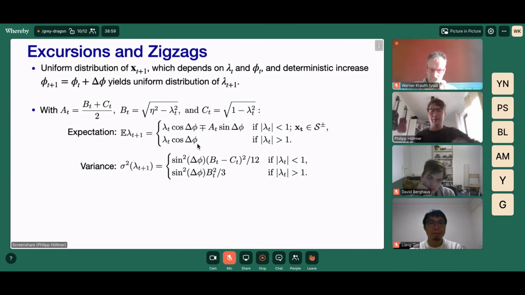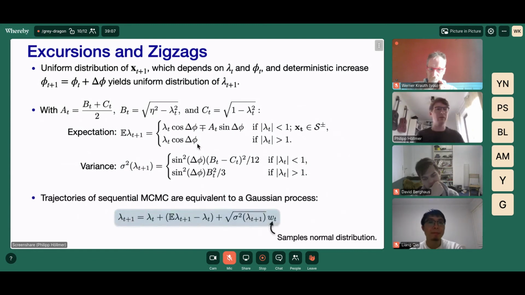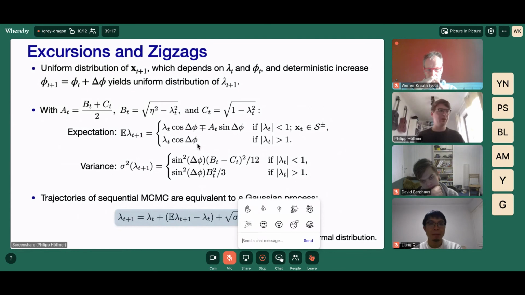Now that we have the expectation and the variance of the random variable lambda_{t+1}, we can write down an analogous Gaussian process, which yields the same trajectories of our impact parameter if we just use this procedure to update it.